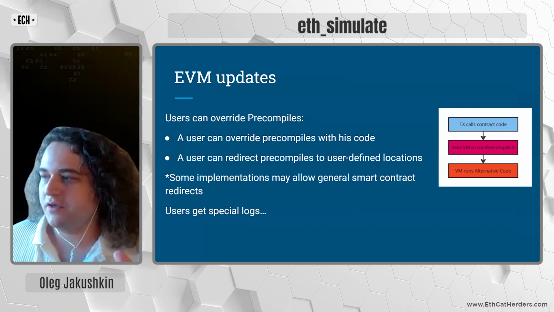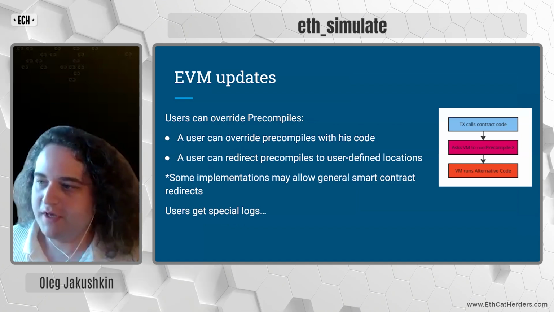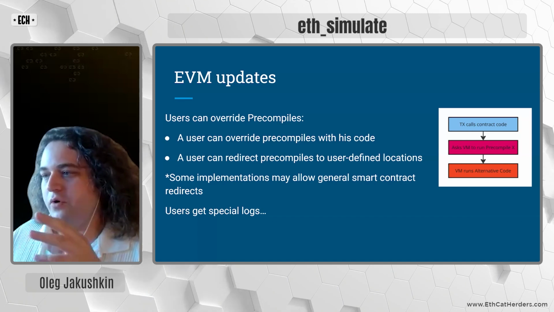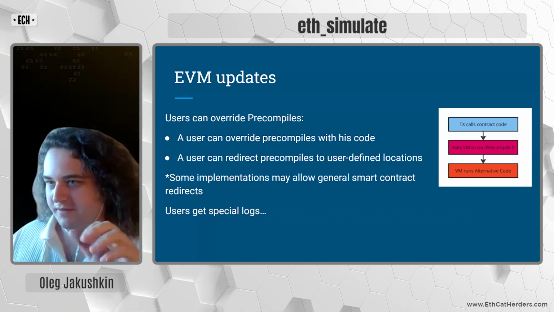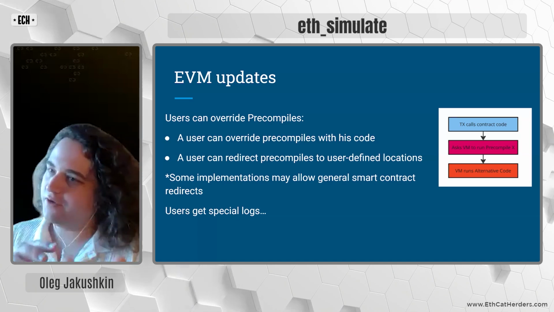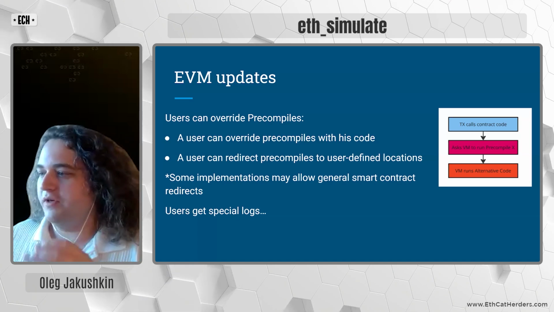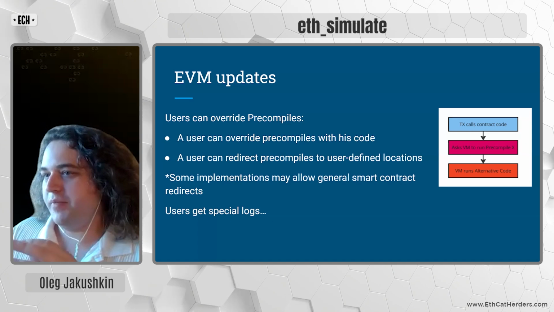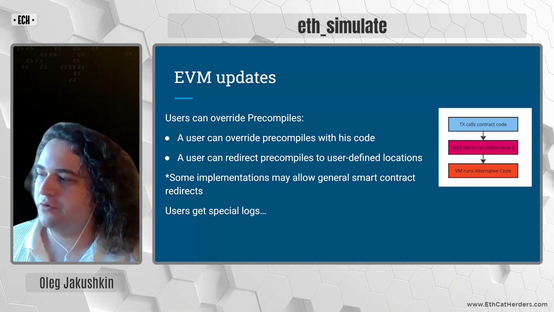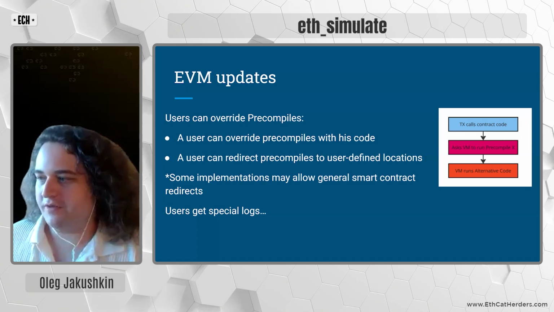So EVM updates were touching mainly two things. First of all, we needed, through an EVM update, to redirect precompile access. If we are given some code that shall be executed instead of a given precompile, or if a user wants to take this precompile and redirect it to some other address he wants to call later, we needed to allow this functionality.